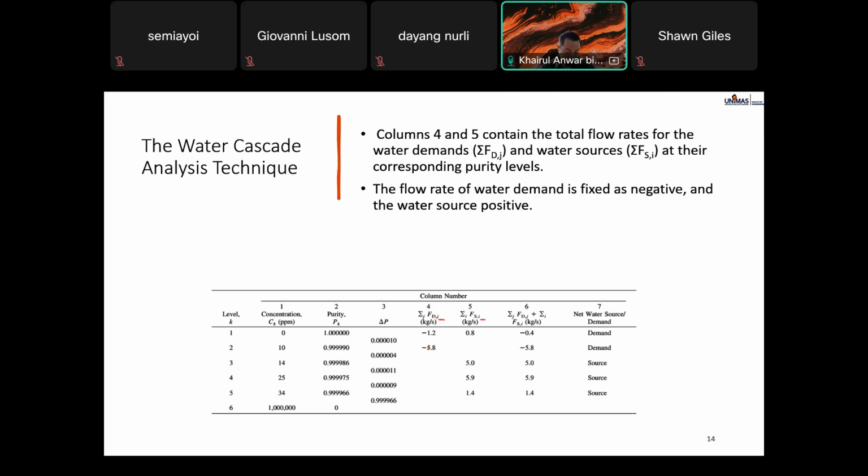It is from Table 1, the limiting data. For the 0 ppm, we have two values, 1.2 and 0.8. The 1.2 is for the water demand, and the 0.8 is from the water source.